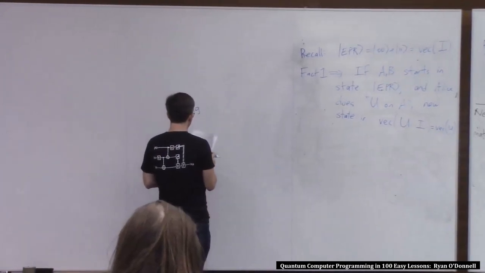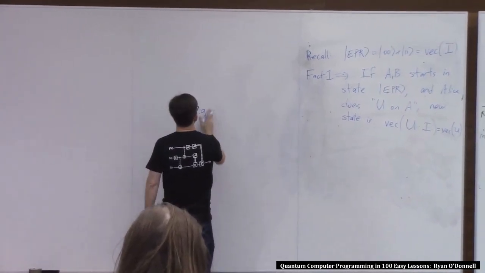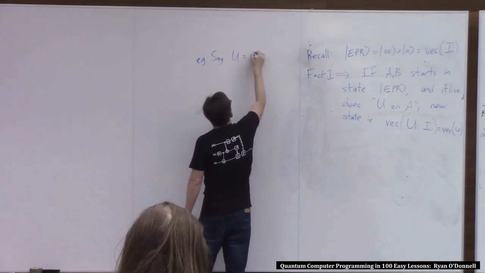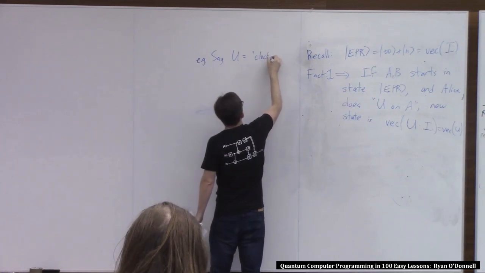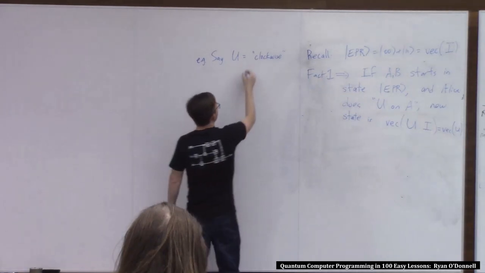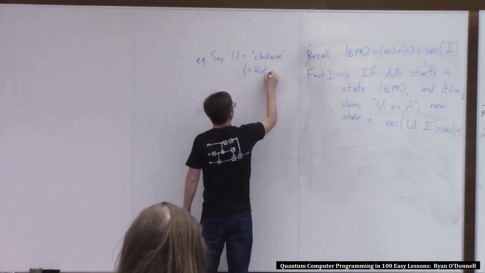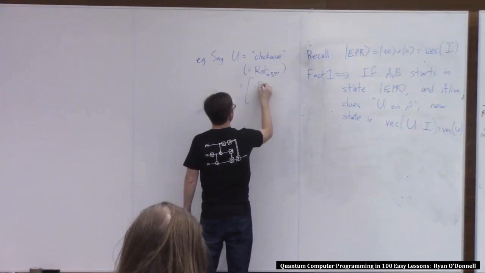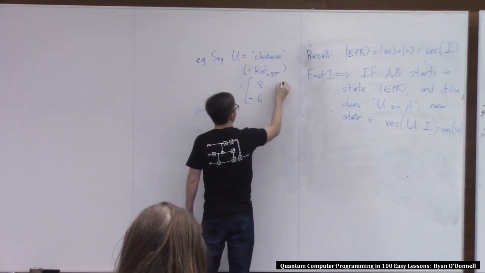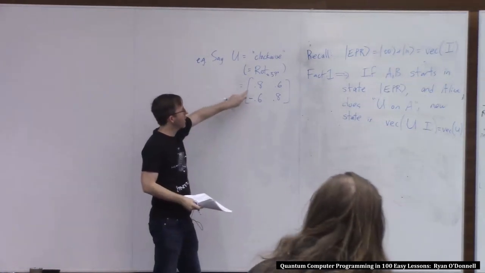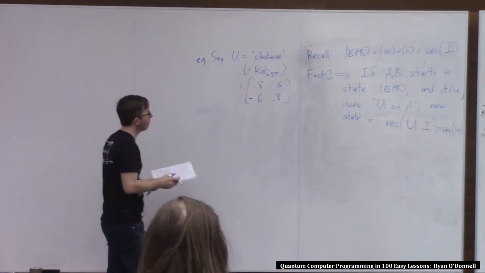So for example, I'll do an example over here. Say U was, remember like 15 lectures ago, we introduced this one qubit operation called clockwise, which was like a rotation by about 37 degrees, but its representation was this: 0.8, negative 0.6, 0.6, 0.8. This is our favorite little operation because these numbers were nice 1-digit numbers.